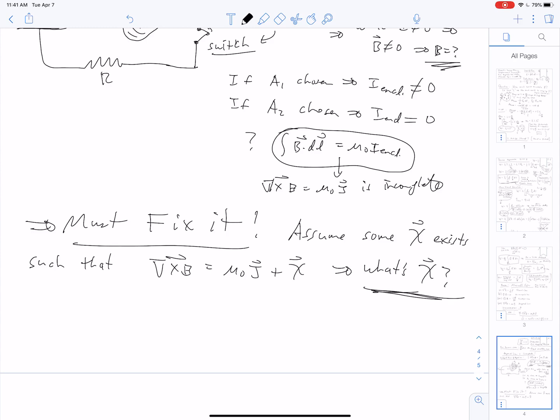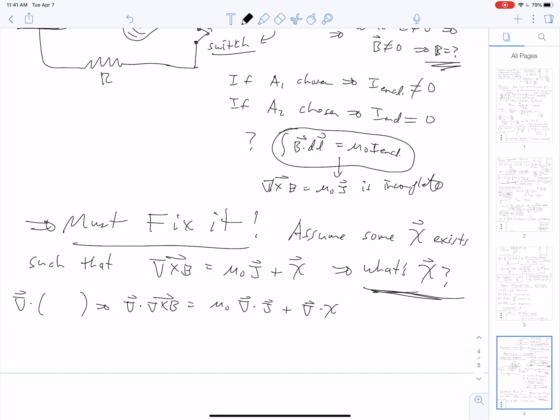Well, to find chi, let's do something really simple. Let's just take the divergence of both sides of this equation. So let's do del dot of both sides. And so then what we get is del dot del cross B is equal to mu naught del dot J plus del dot chi.